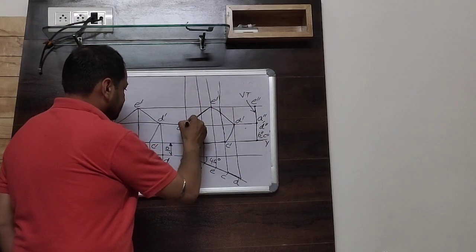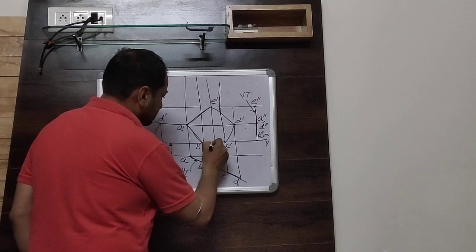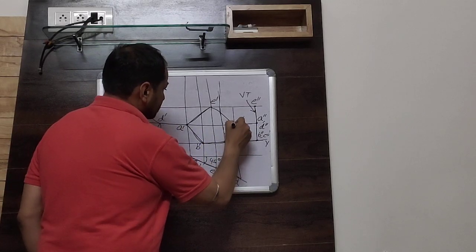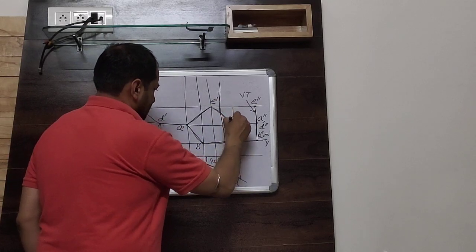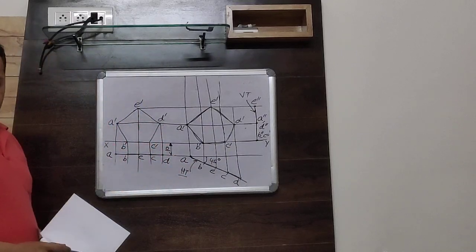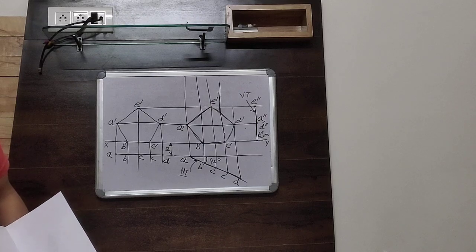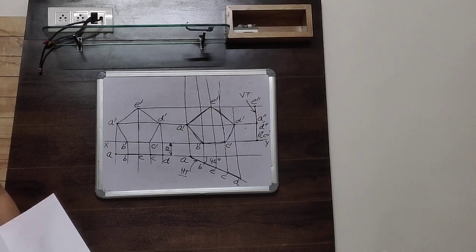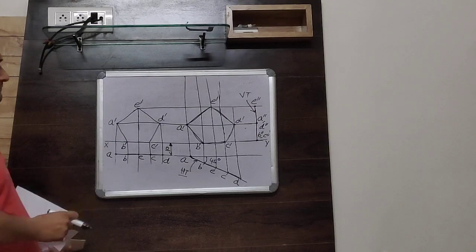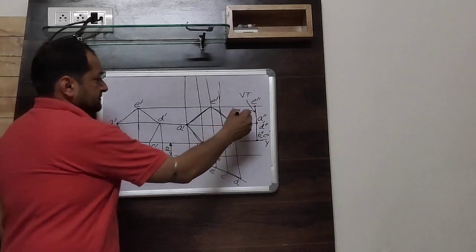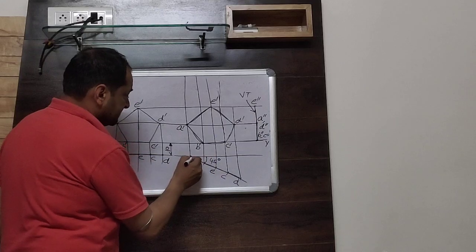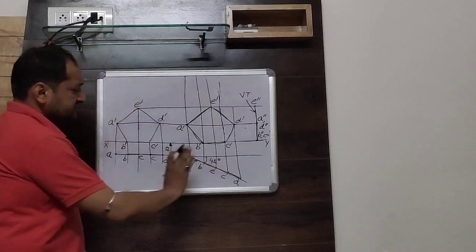Finally, the final drawing should be marked with a continuous thick line. This is the vertical trace and this is the horizontal trace as well as the top view.